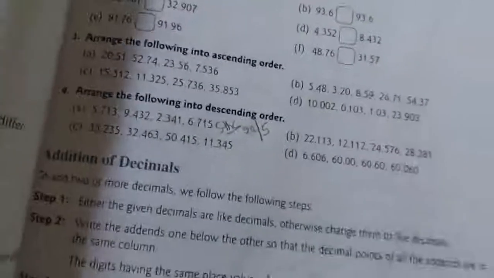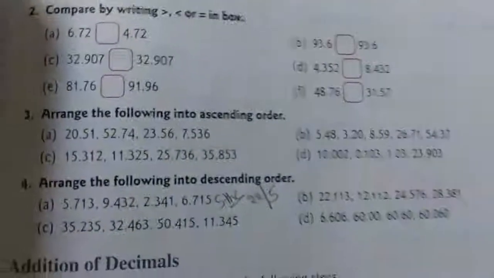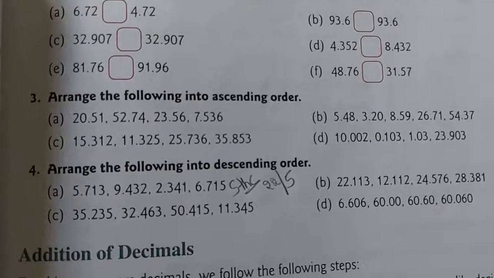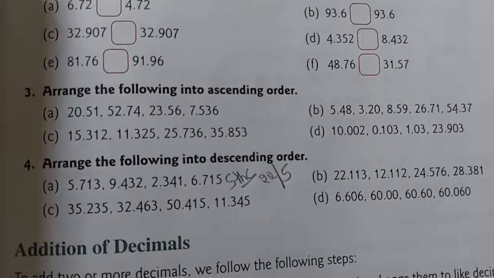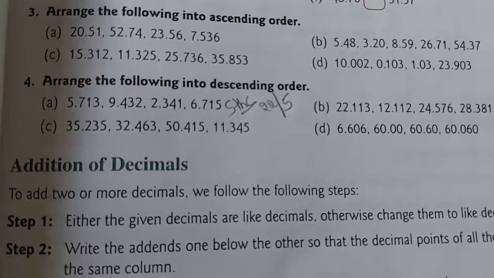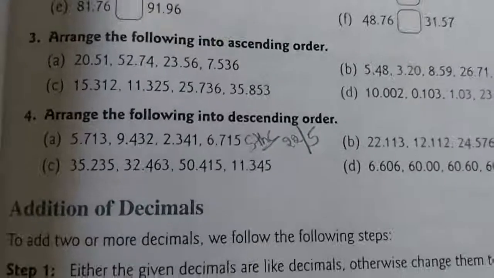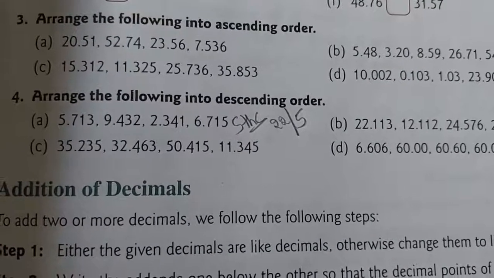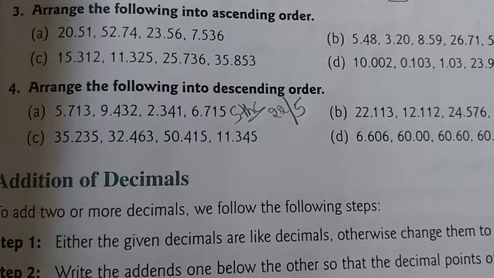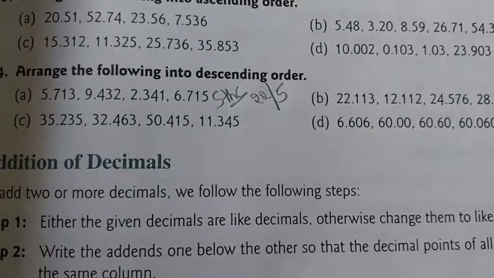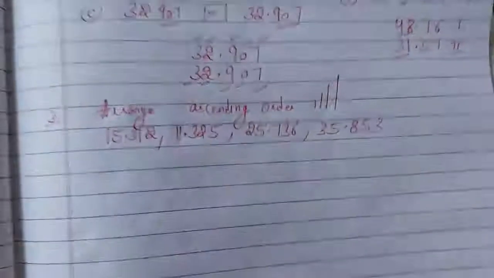You just see the A part, then C part, you look at the C part: 15.312, 11.325, 25.736, 35.853. So these are the four numbers. You have to place them in ascending order.